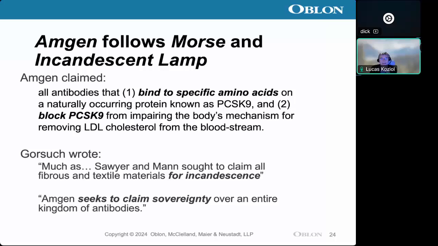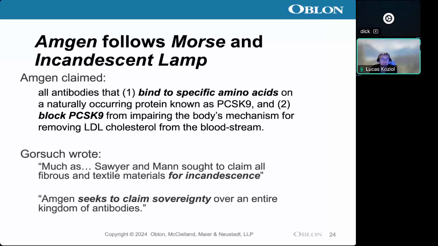Turning back to Amgen, we see that Justice Gorsuch closely followed the logic of both Morse and incandescent lamp. Amgen's claims at issue tried to claim antibodies that were defined by their function only. The antibodies had to bind to specific amino acids on a naturally occurring protein and prevent that protein from doing its job of regulating LDL cholesterol.